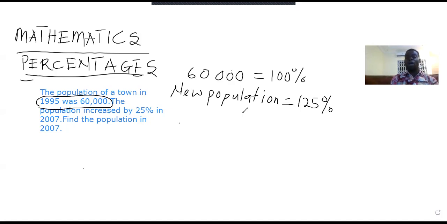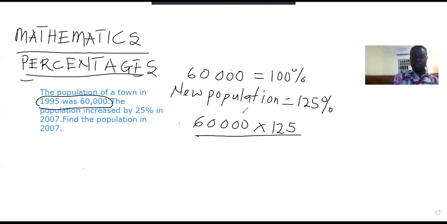So the new population will give us more, and if more, less divides. So that will be 60,000 times 125 divided by 100, because comparing 100% to 125%, 100% is less.